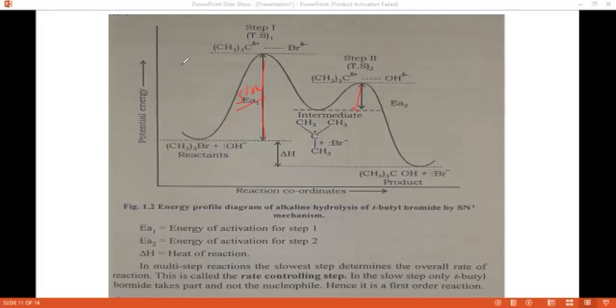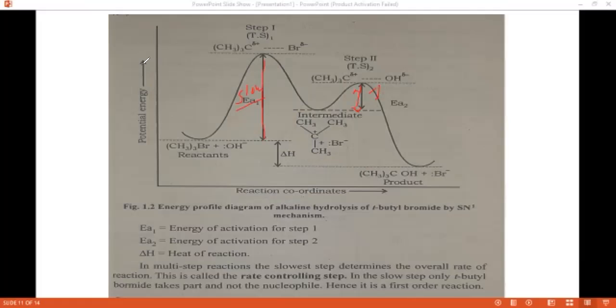Step number 2 has a lower activation energy, so it is a fast step reaction. There are two steps in an SN1 reaction. The first step is slow with high activation energy, and the second step has a lower activation energy, and hence it is a fast reaction.